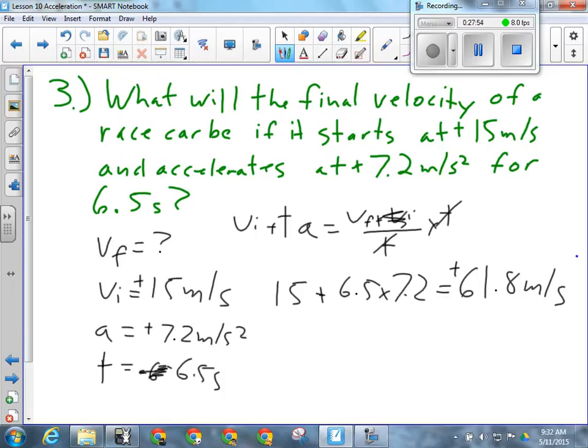What if it had accelerated at negative 7.2 meters per second squared? What would have happened then? Your answer would probably be negative. Given how much the velocity changed by, it would probably be moving backwards after 6.5 seconds. That's something that'll come up. I've often given questions in this sort of context: a ball is rolled up a hill.